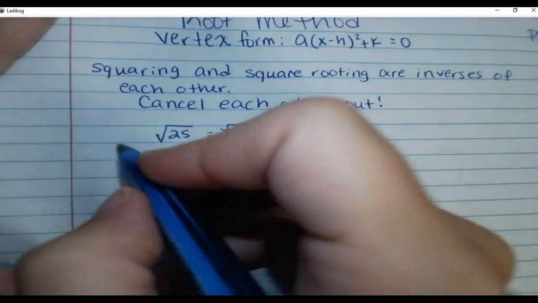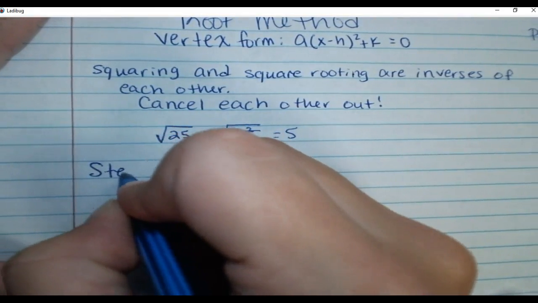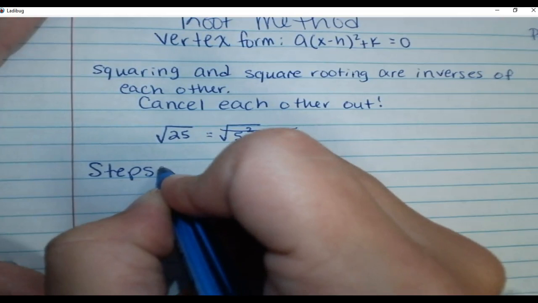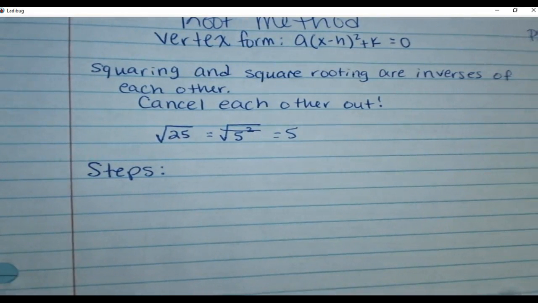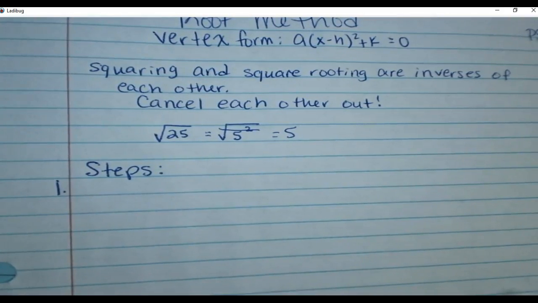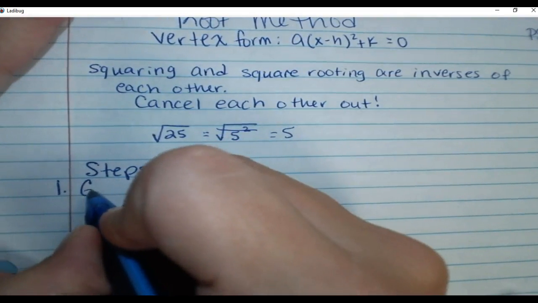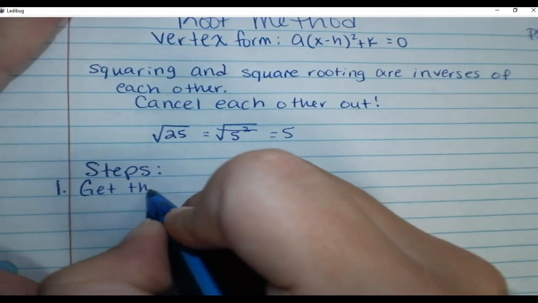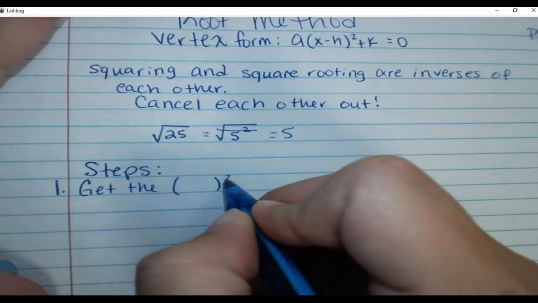So let's write some steps. Okay. So the first thing that you're going to do is get the parentheses by themselves. And it's going to be parentheses squared.